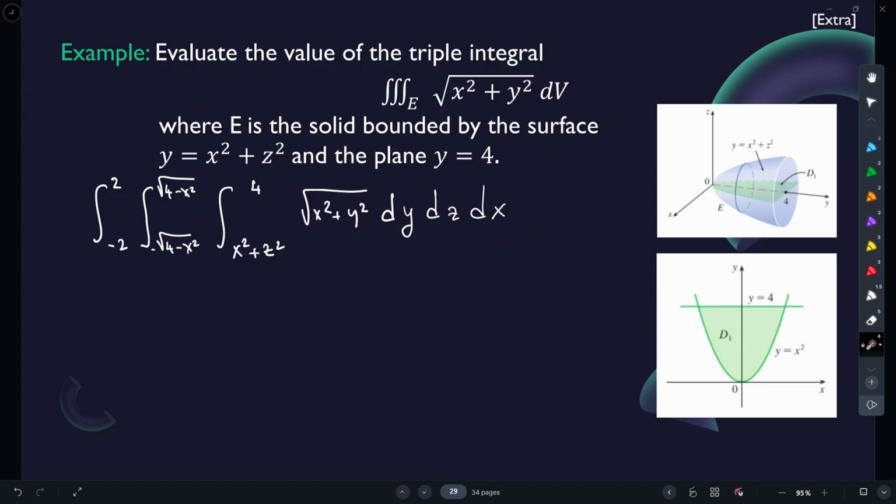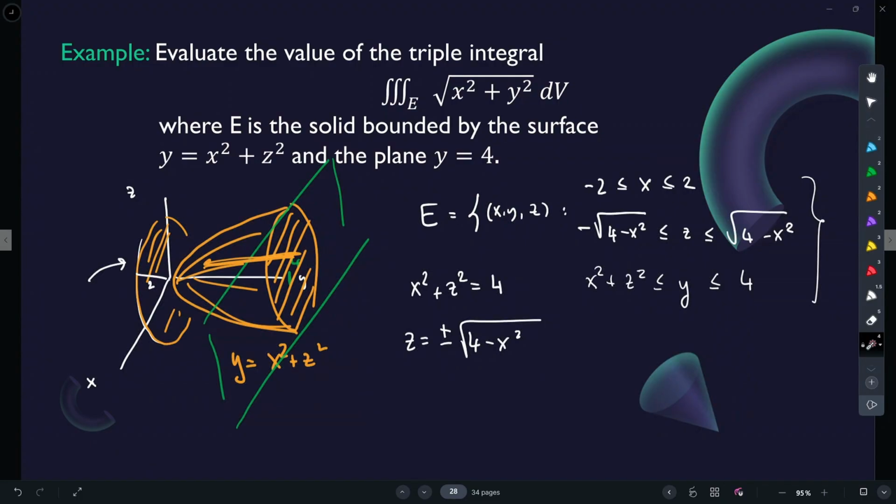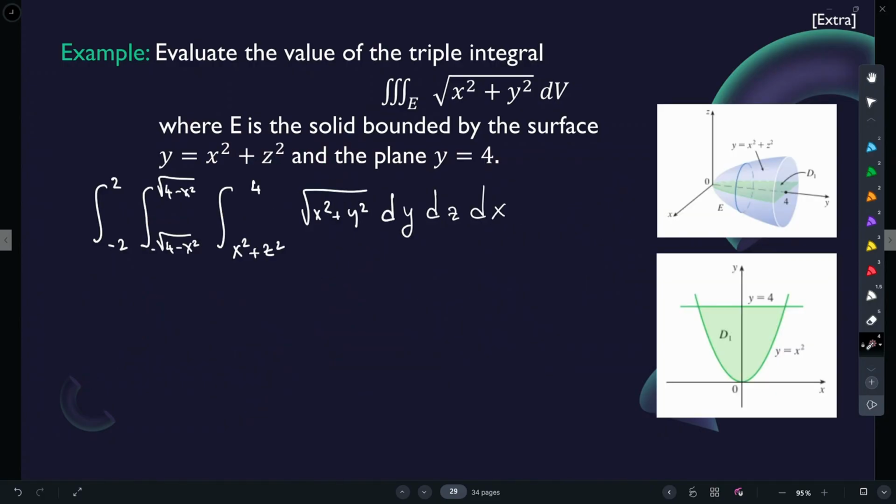Now, this seems like it's going to be a lot of work, and it is going to be a lot of work to do this, but if you look at this picture right here, there is some very nice radial symmetry with respect to the y-axis. Okay? What that means is that in our favor, we should translate this into what we call cylindrical coordinates.